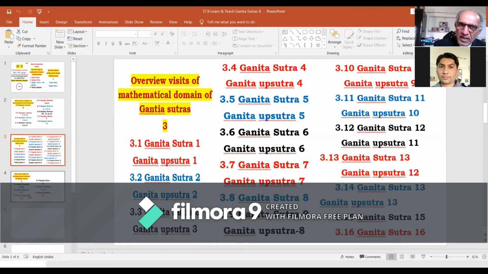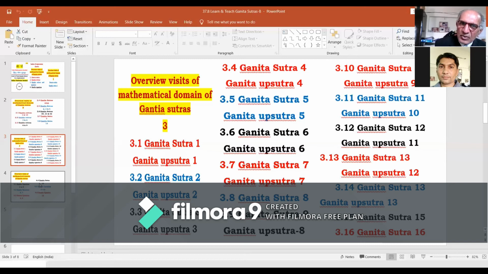Ganita Sutra 1 and Ganita Upsutra 1 as such are to be viewed together. The Ganita Sutra 1 and its supplementing features in terms of Ganita Upsutra 1 will provide continuity format for the discrete values range. Ganita Sutra 1 and Ganita Upsutra 1 shall be overviewed together.